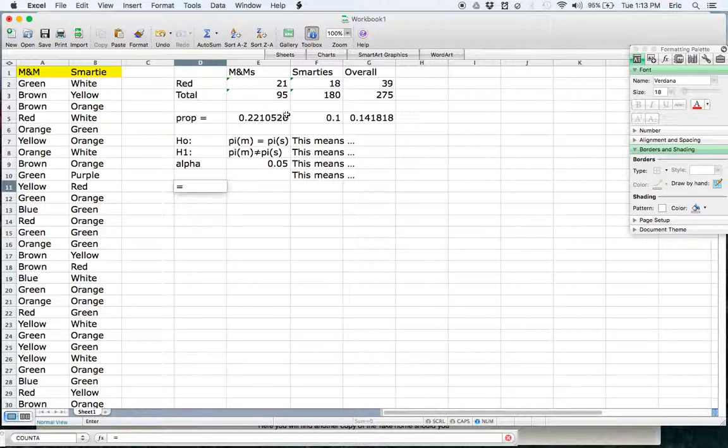We're going to do n times p hat times 1 minus p hat. And we're going to do n times p hat times 1 minus p hat. There. And then I'm going to let you finish typing up what it means for these two numbers to be like that and how that affects the test.